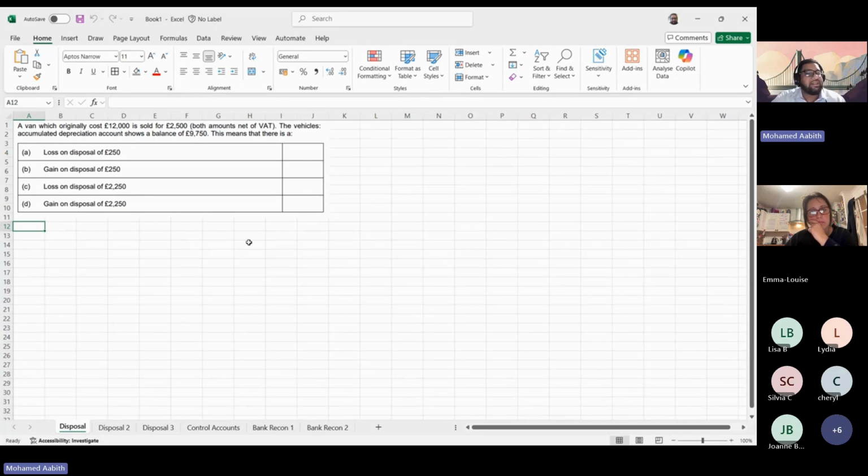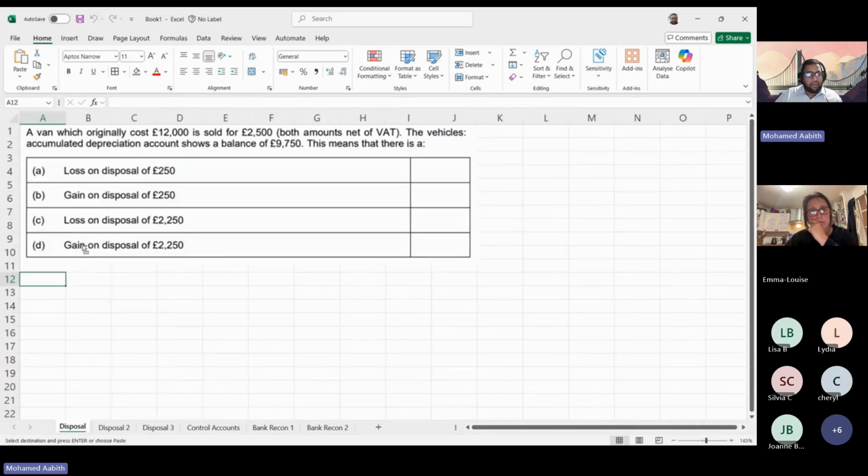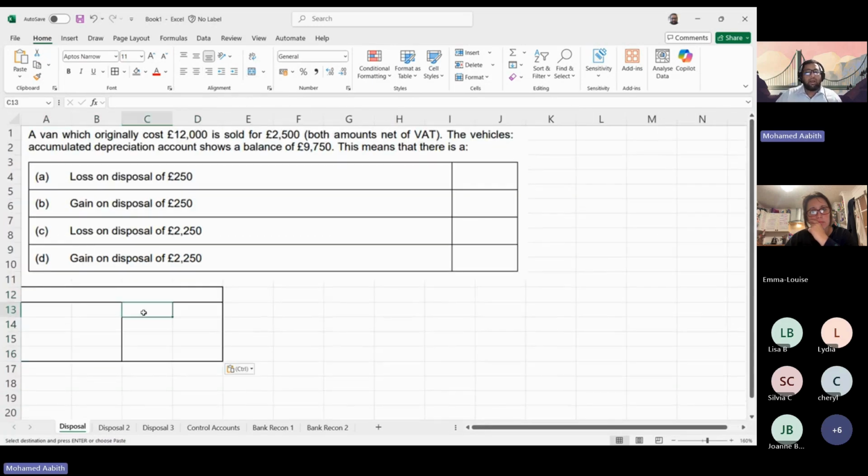So they're saying here the accumulated depreciation shows a balance of £9,750. So how am I going to do an account here to find out whether we made a profit or a loss when we disposed of this asset? If I look at it here, I have a debit balance of £12,000.